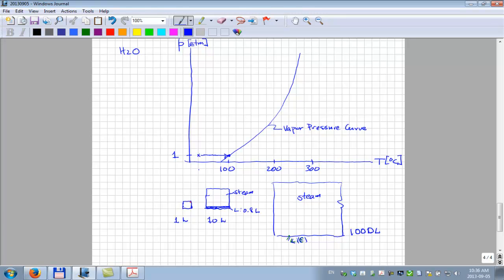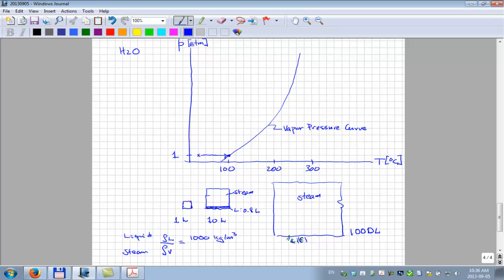Now, all compounds have this curve. What's interesting about the curve is that if we look at the ratio of density, the density of the liquid water to the density of the vapor, steam and liquid. It's about 1,000 kilograms per cubic meter, liquid water, right?